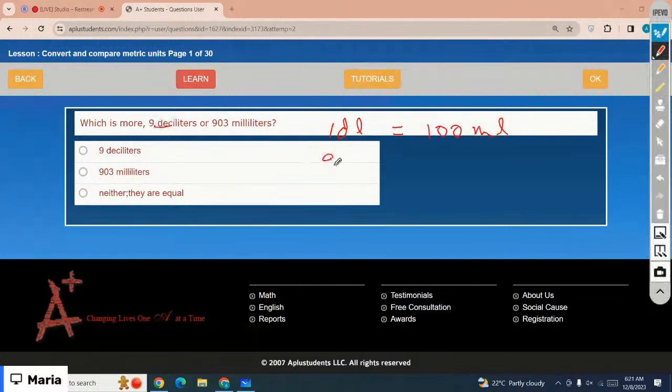So 9 deciliters equals 9 times 100. That is 900 milliliters, right? So obviously 903 is more. So which is more? 903 milliliters is more than 900 milliliters or 9 deciliters, right?